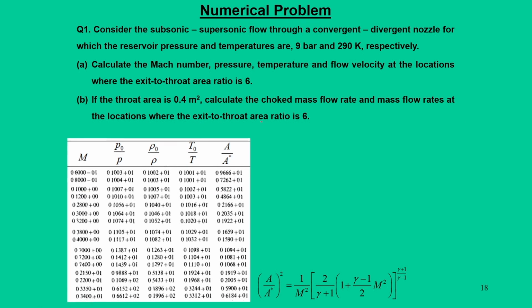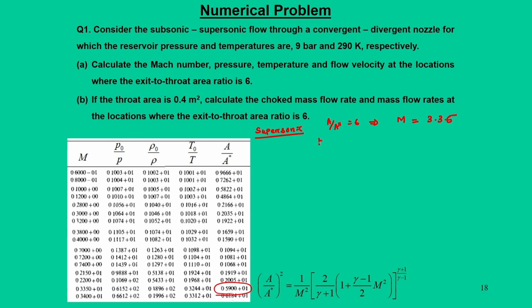Then for supersonic solution, we will use this number, that means A by A star 6 will give you the Mach number close to this number, 5.9, this number is close to 3.35. So, we can say approximately Mach number is 3.35.